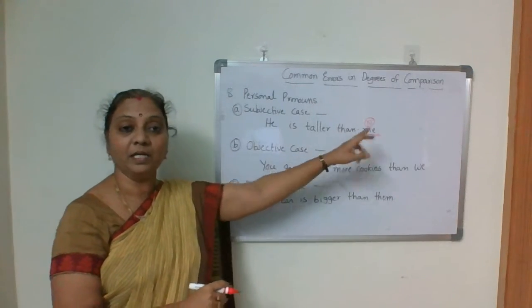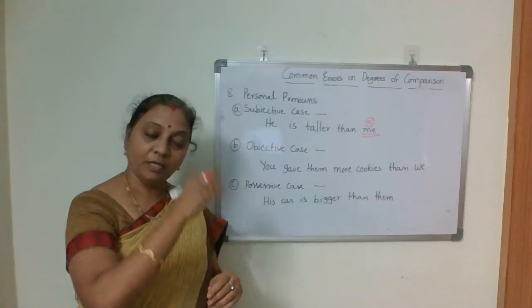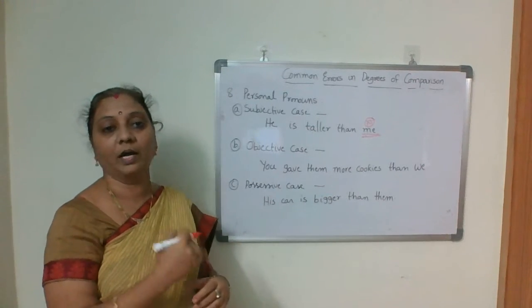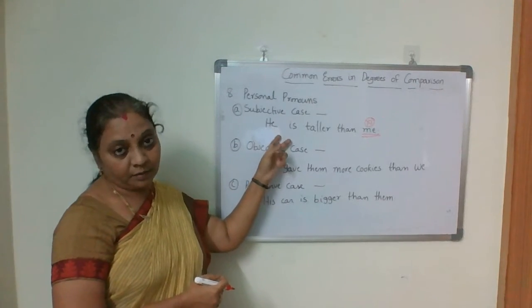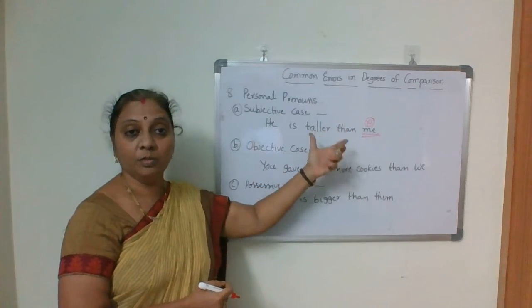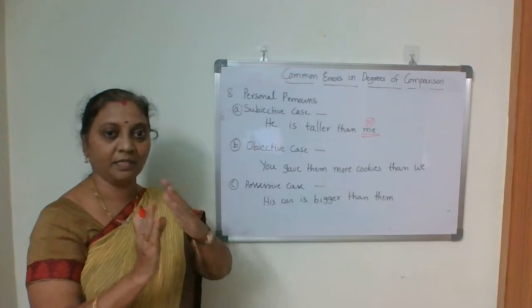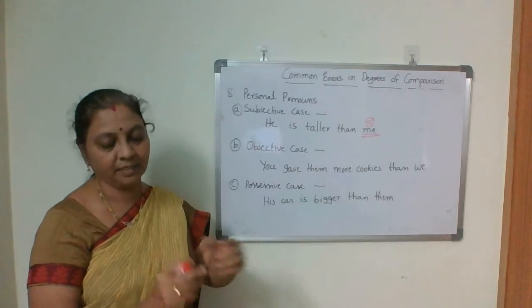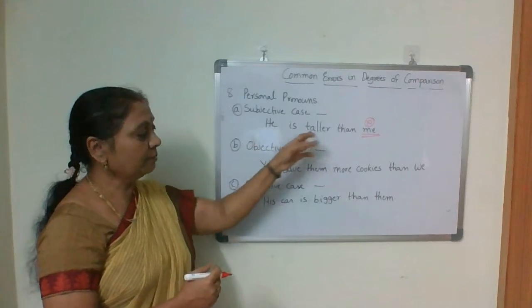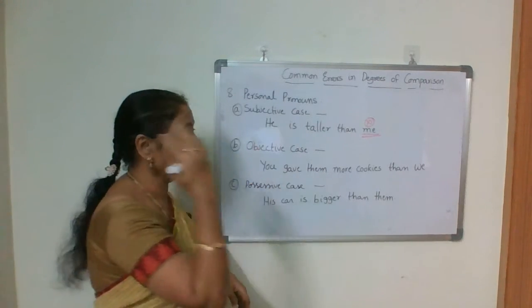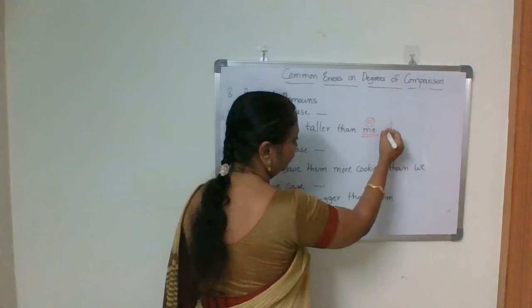You have to compare with I. Why? Because me is an objective case, the objective form of the personal pronoun I. So when you compare, it must be between the two subjective cases, he and I. He is tall, I am tall. Then in the comparative form, he is taller than I, not me.